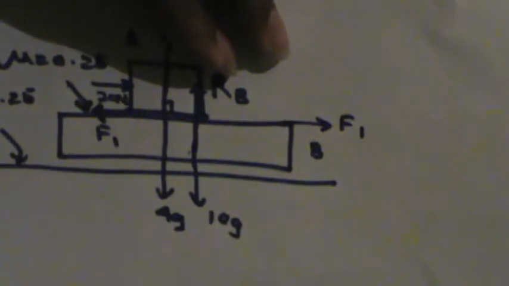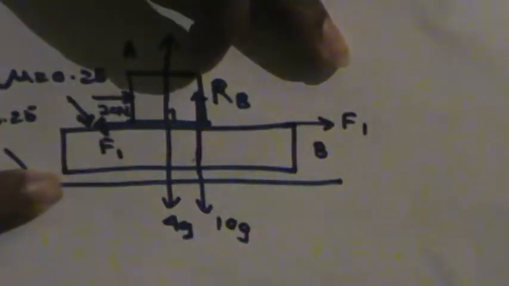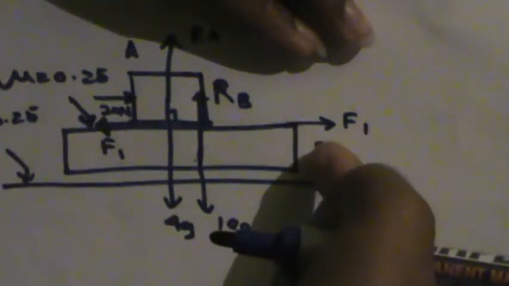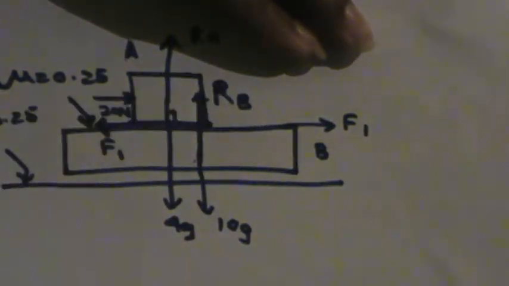So this is F1 here. Now there is friction between the large object and this plane. Due to the friction force F1, this object tries to move in this direction, so the plane will exert a force in the opposite direction to oppose this movement. So the friction force on this object is F2 here.